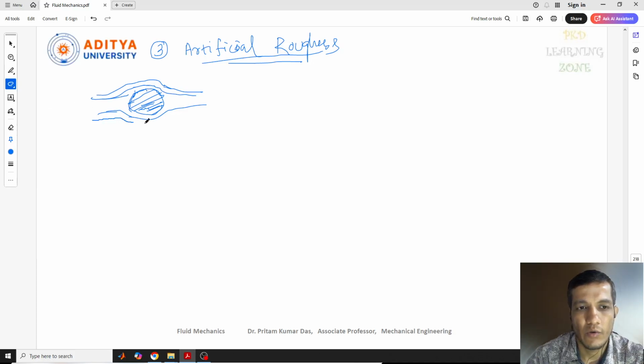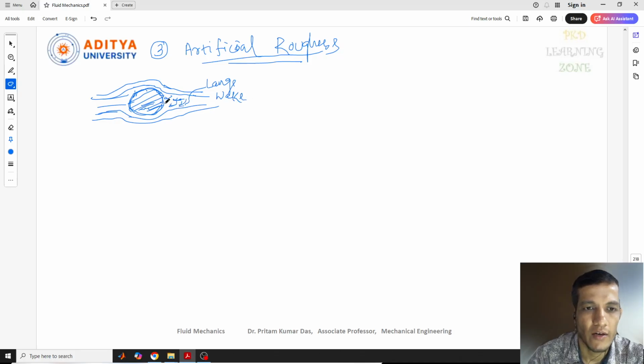To avoid this, we have already seen previously: if you put some kind of roughness in the surface, then the velocity will not have that much problem, and we will find a small wake. What we got previously were large wakes.